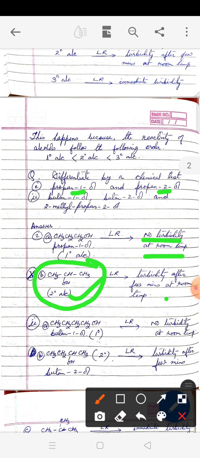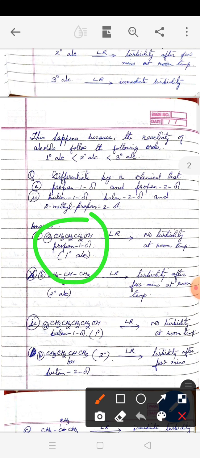Now during the exam, I don't want any one of you to write a paragraph on it. Just write the way I have written here in the form of equations. It's easy for the teachers to correct, and it's easy for you. It's consuming less time. If you don't remember the structures, you can simply write the names as given in the question. But one thing you need to know is that one is primary, the other is secondary.